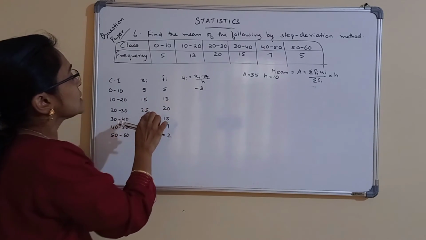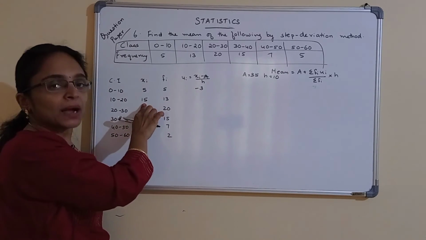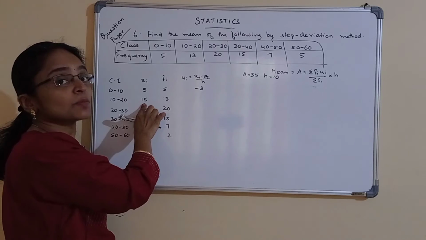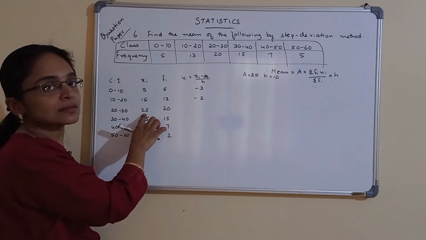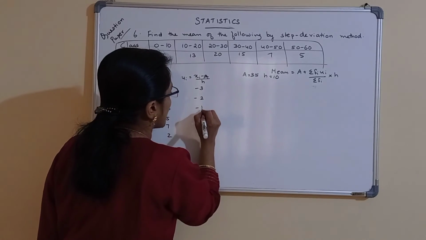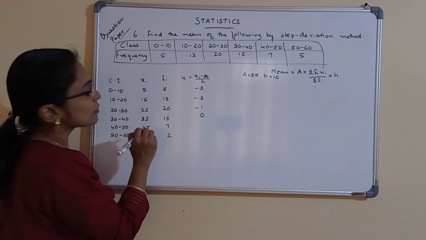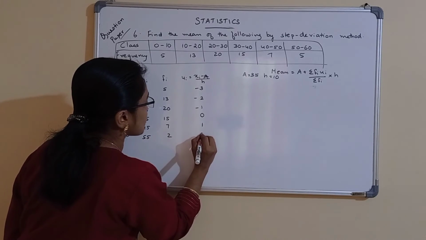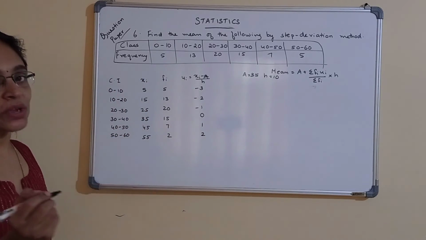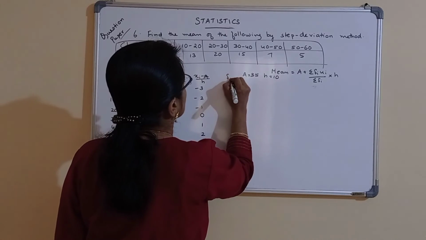Then 15 minus 35 by 10, which is minus 20 by 10, which is minus 2. 25 minus 35 by 10 is minus 1. Then this is 0. 45 minus 35 by 10 is 1. 55 minus 35 by 10 is 2. Okay, now fiui.